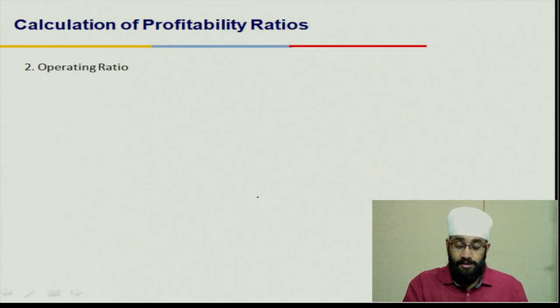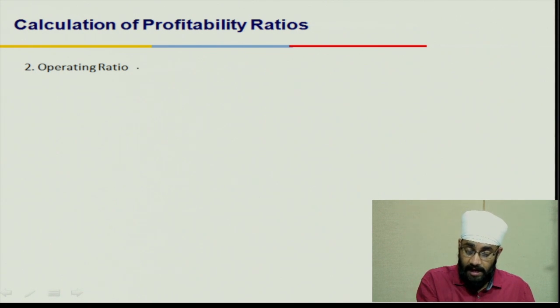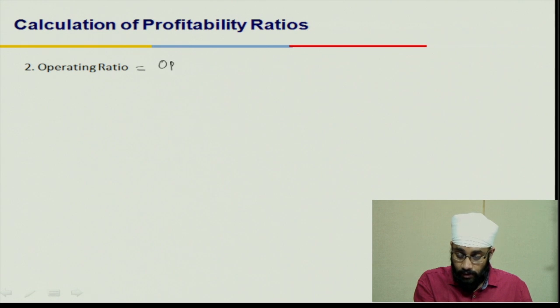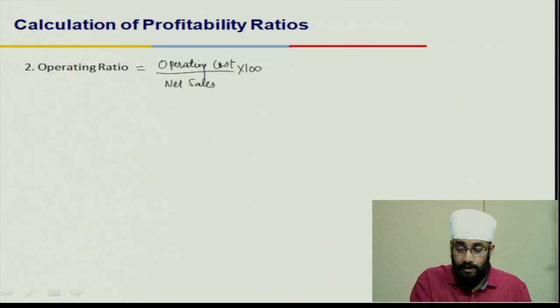The second ratio is the operating ratio, and it is calculated by dividing the operating cost of the business by net sales and multiplying it by 100.